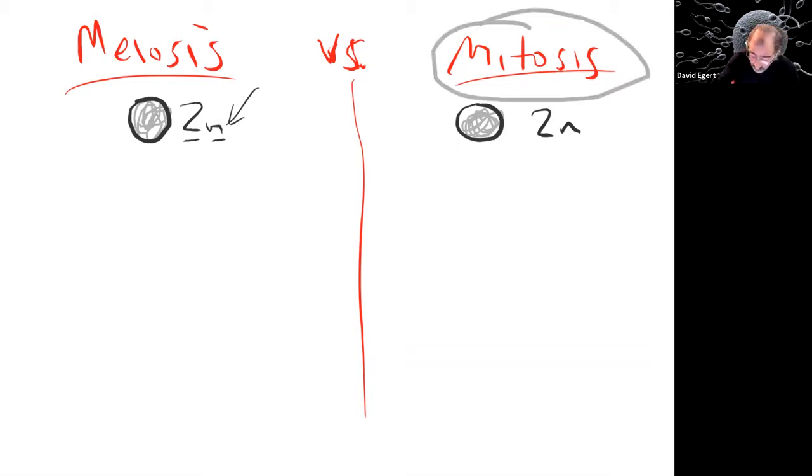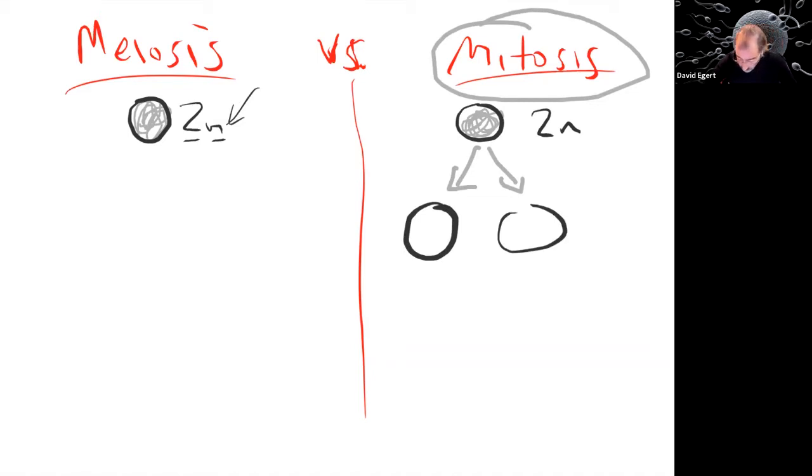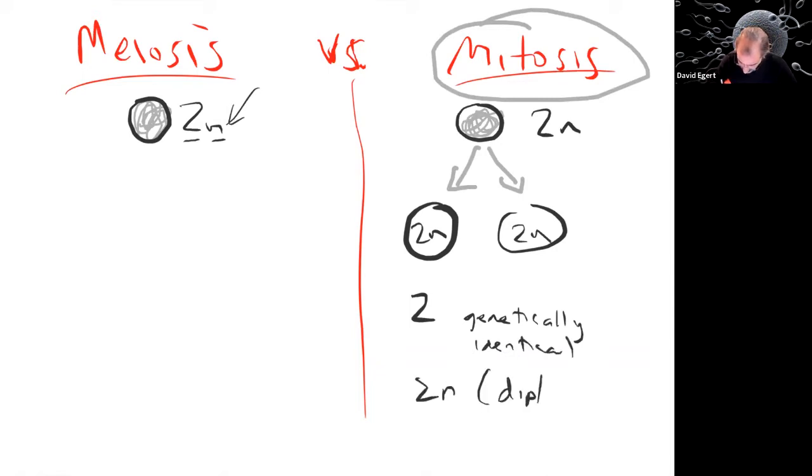In the interest of time, I'll just lay it out. Let's start with mitosis because it's way simpler. With mitosis you end up with two identical, basically clone daughter cells: two genetically identical 2N, also known as diploid, daughter cells.